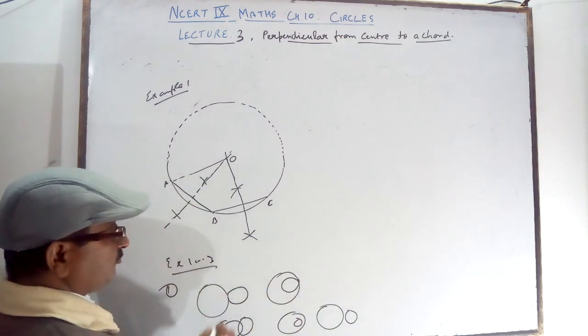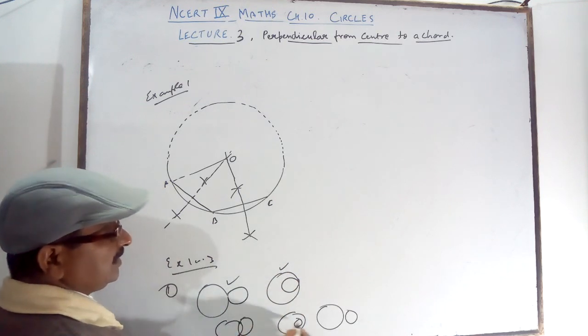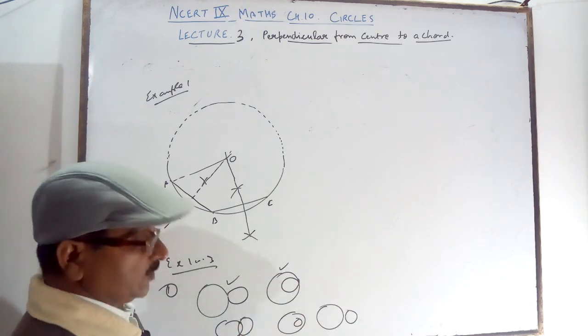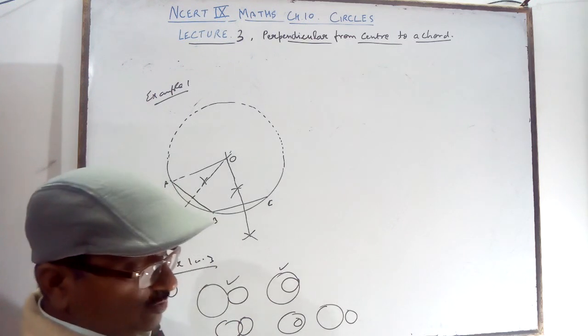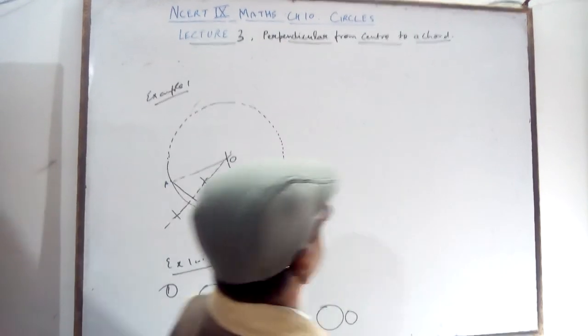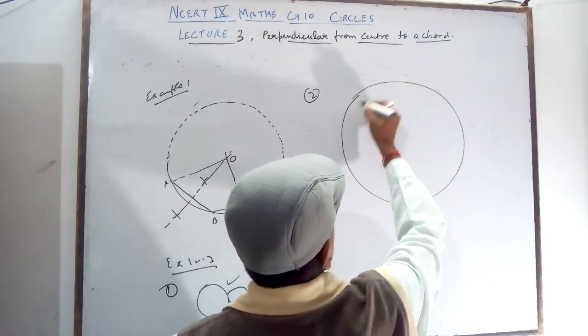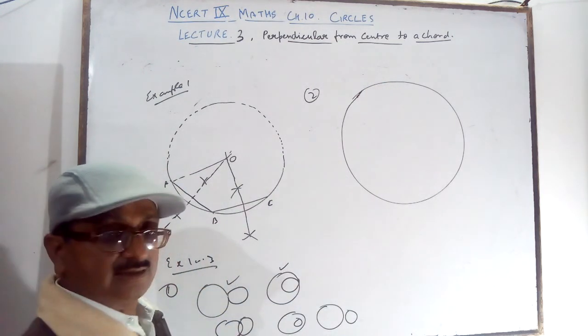In these 4 figures, there is 1 point, there are 2 intersecting points, and there is no intersecting point. Second question: suppose you have a given circle, give the construction to find its center. A circle is given, like a bangle. How will you get the center of the circle?